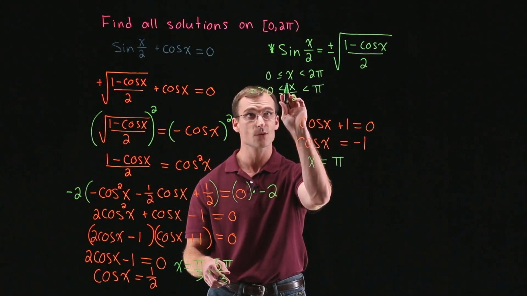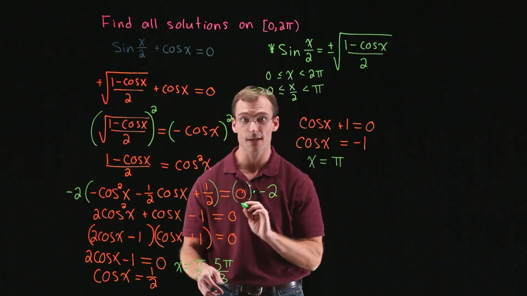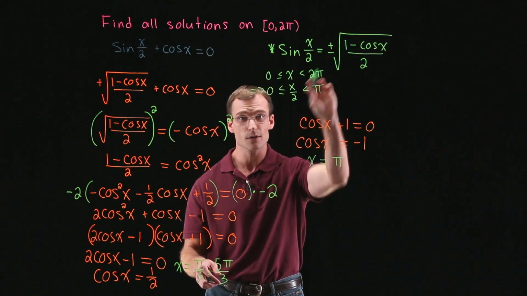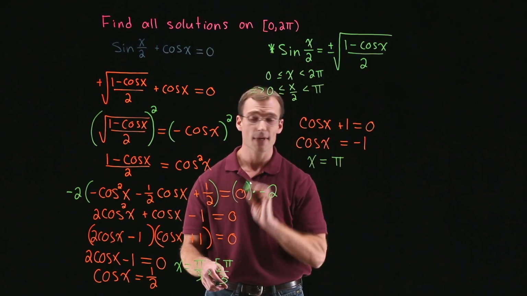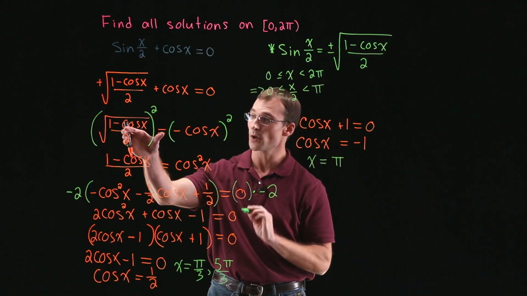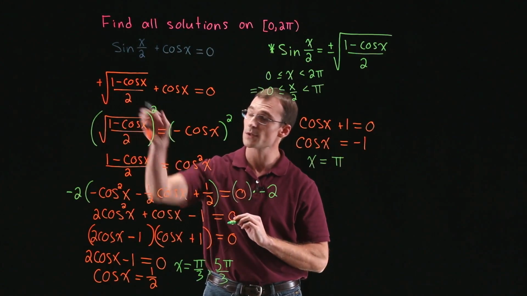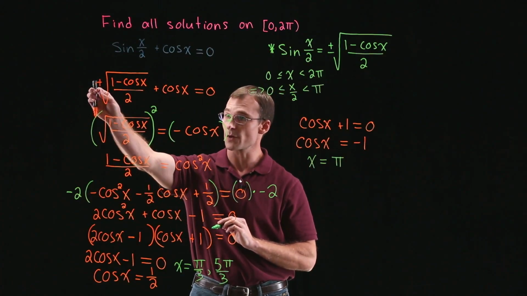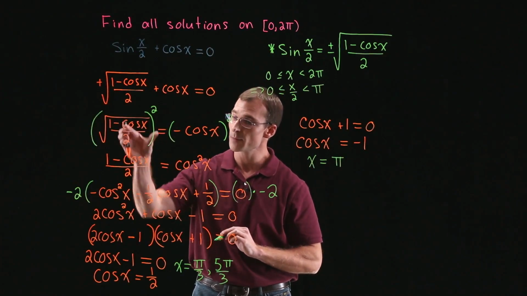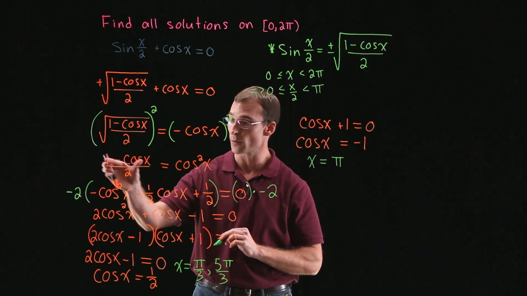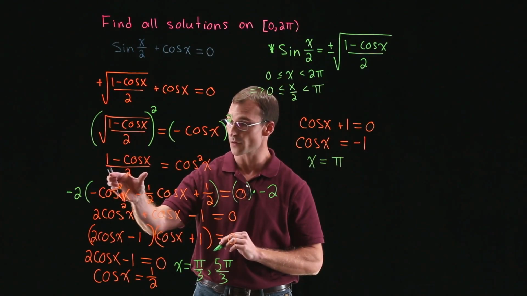Well, going back to this thing we were talking about in the beginning, where we only took the positive part of this square root, we have to pay attention here. When we went through and solved, once we made our substitution, we put in the positive square root, and then we squared it. But keep in mind what the resulting thing we got was 1 minus cosine x over 2.